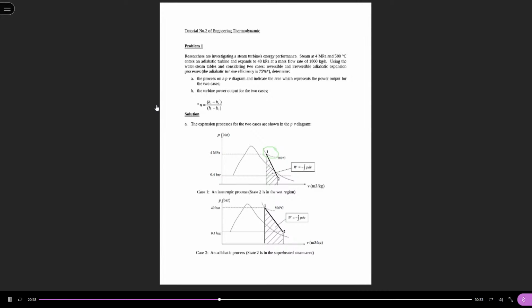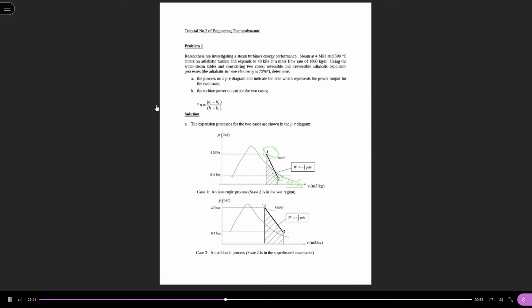Then for state 2, it's an isentropic process, so the entropies are equal. We want to know if it's wet or superheated, so we compare this entropy with the dry saturated and wet saturated points. It's between them, so we know it's in the wet region.